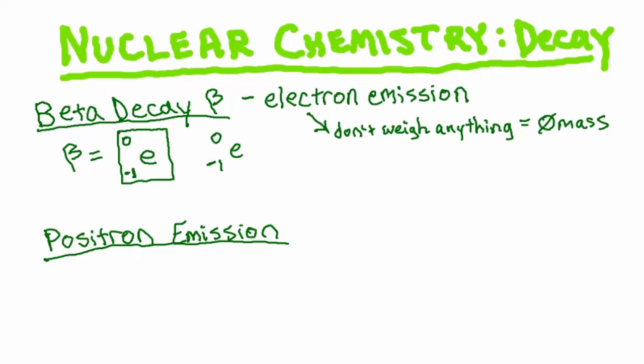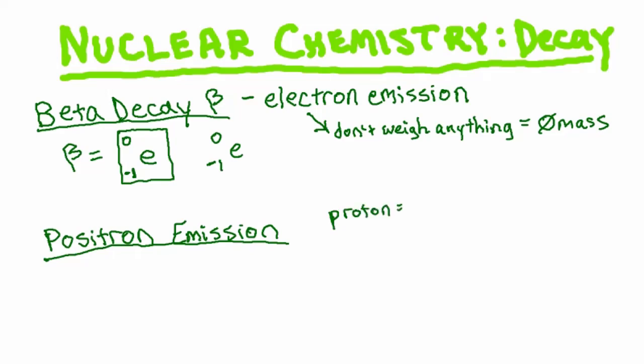Now, positron emission, on the other hand, and positron doesn't have any fancy little beta or alpha like alpha and beta decay. We just call it positron emission. In positron emission, the proton gives up its charge, because remember, each proton has a positive 1 charge to it.